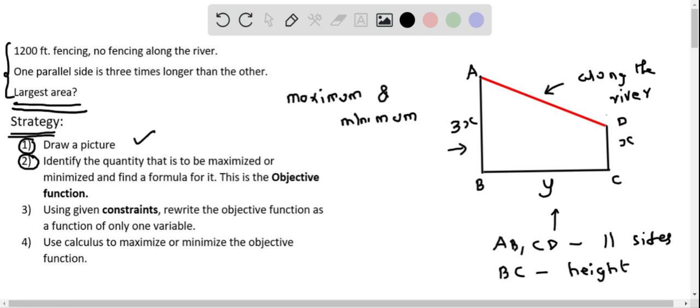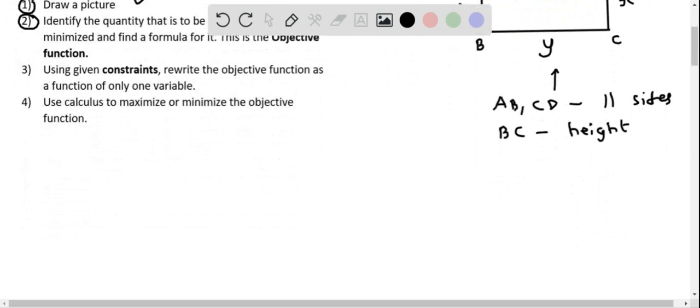We have to find the largest area. So basically we have to maximize the area, which means that is our objective function. So I can write down the objective function as maximizing the area.